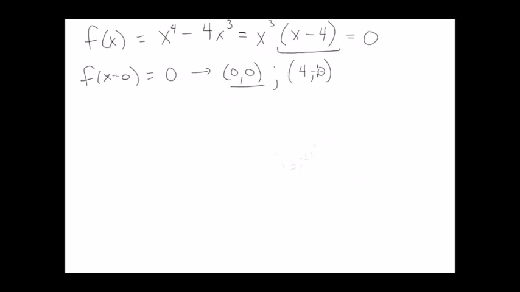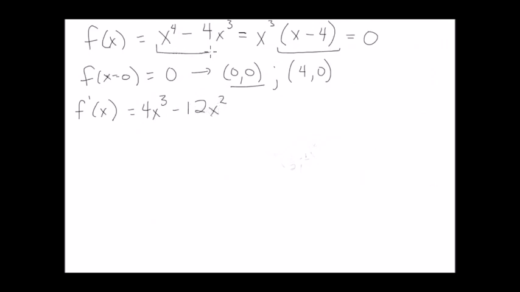So we have our x and our y intercepts at this point. We're now going to look for any asymptotes. This is not a rational or a logarithmic function, so we're okay. We won't have any asymptotes. I'm going to now take the first and the second derivatives. The first derivative here is going to be equal to 4x cubed minus 12x squared.